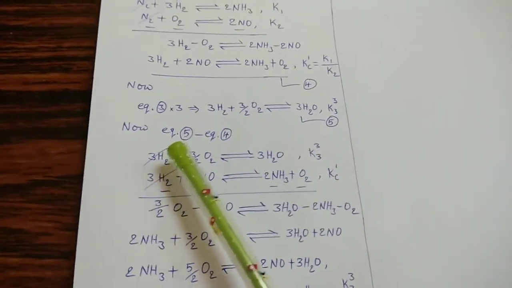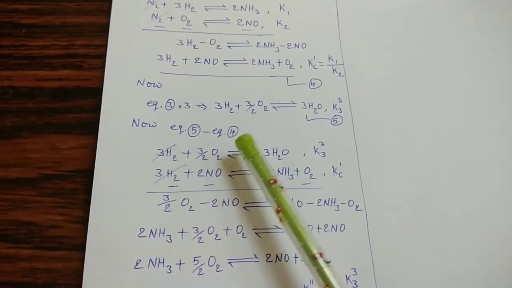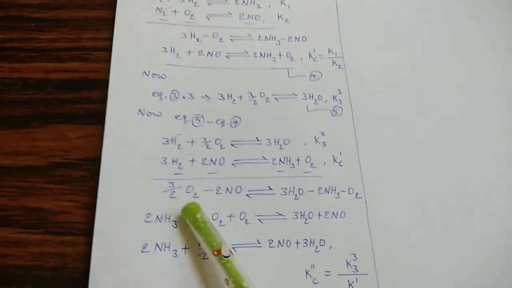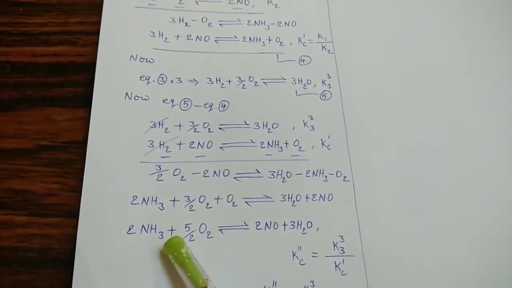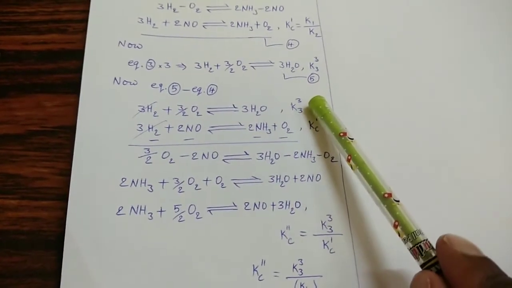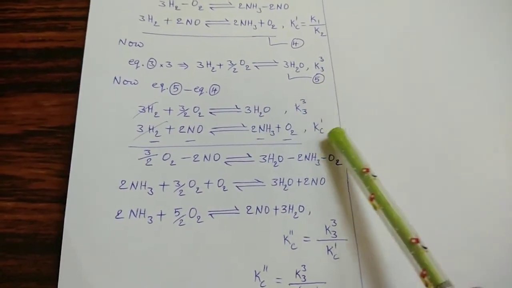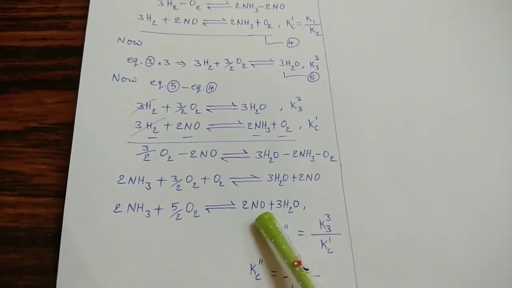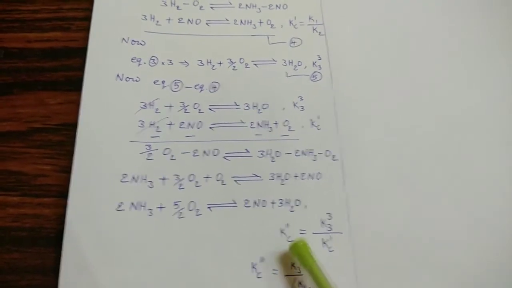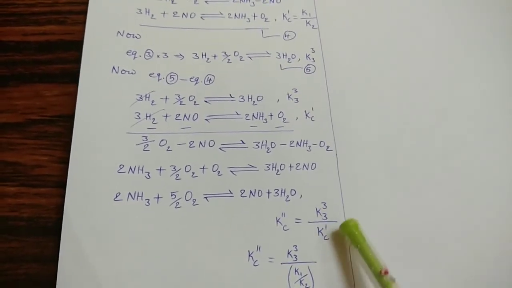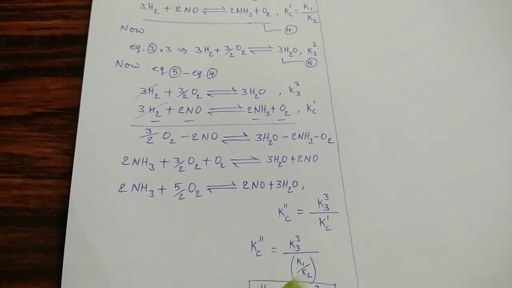Now, see this, equation 5 minus equation 4. Subtract equation 4 from this equation to get the resultant one. Here also the same thing. The resultant we can get is this one. So for this, the equilibrium constant is K3 power 3, here Kc prime. So for this final equation, which is the required equation, Kc double prime equal to K3 power 3 divided by Kc prime.